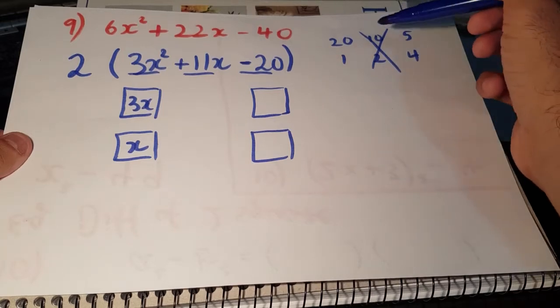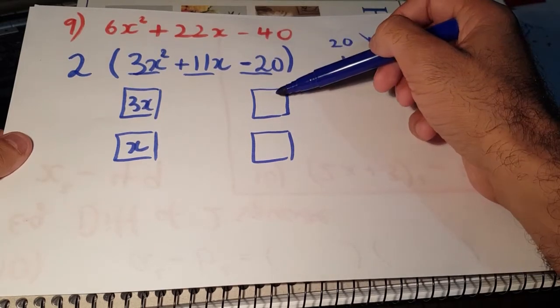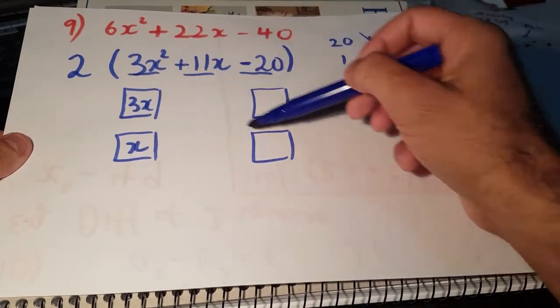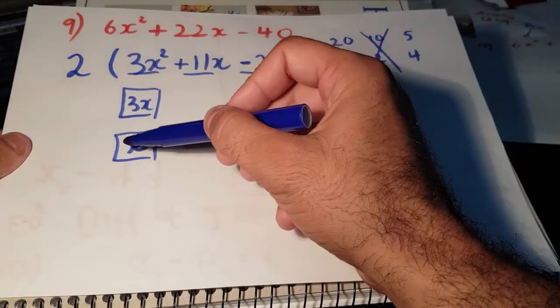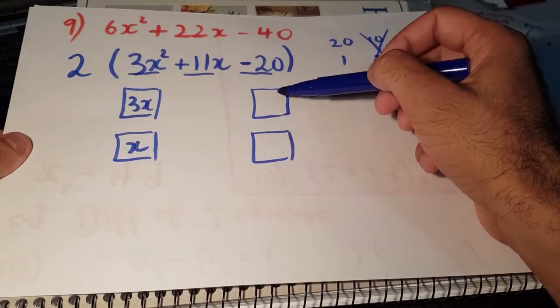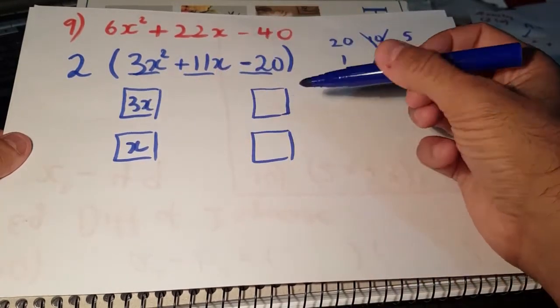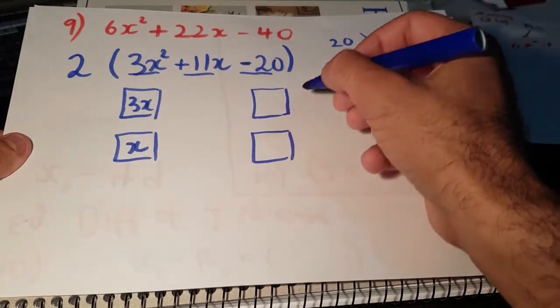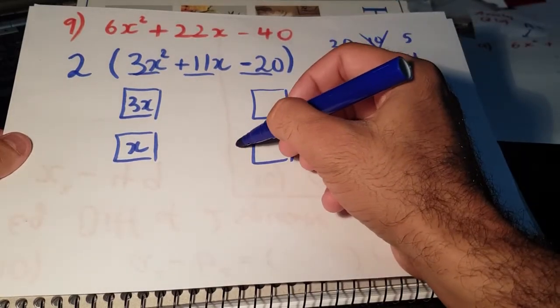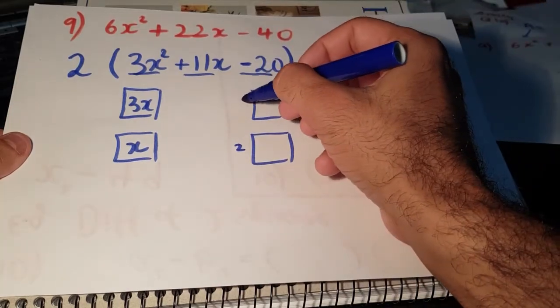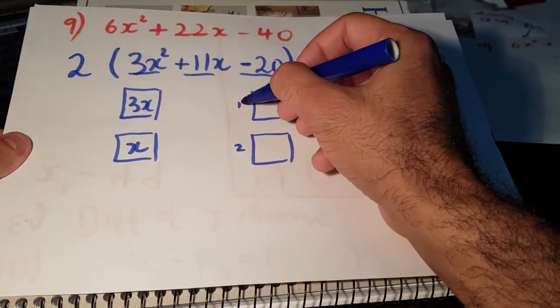Another thing we didn't try: we tried 10 and 2, so let's try 2 and 10. So this will be 6 and that will be 10.